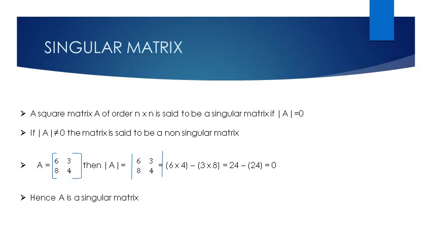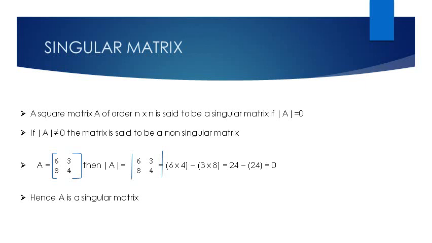See, the example is given. A equals 6, 3, 8, 4. Then determinant A equals the determinant of 6, 3, 8, 4, which equals 6 into 4 minus 3 into 8. As you know the solving of a determinant, which equals 24 minus 24, which equals 0. So after solving determinant A, you are getting the answer as 0.